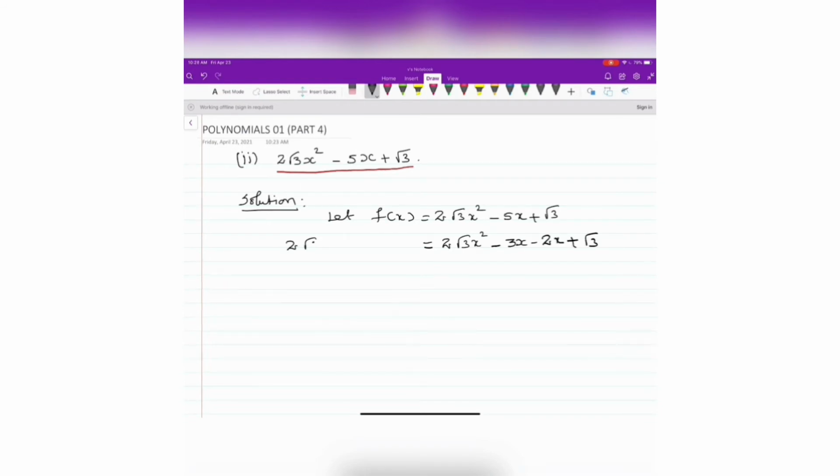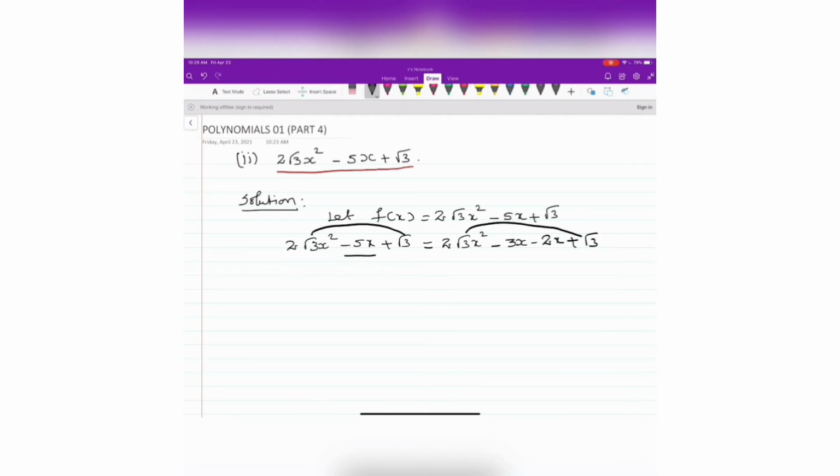What I have done over here, I have written this minus 5x middle term as minus 3x minus 2x. So when I multiply minus 3x and minus 2x, I will be getting 6x squared. That is nothing but the product of the first and the last terms.